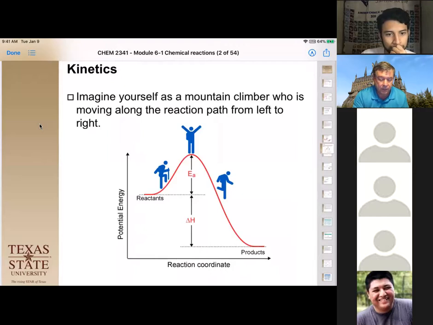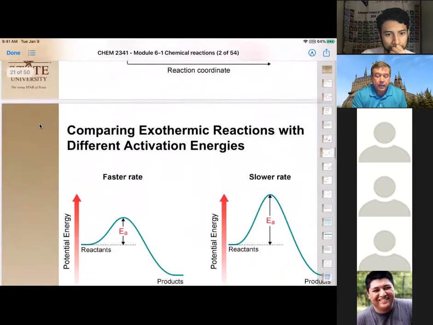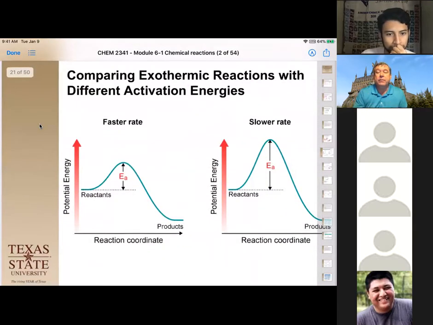Okay. So that being said, both of these reactions are exothermic. See, the reactants and the products are starting and ending at the exact same place. However, the first reaction happens faster. The one here on the left happens faster because our activation energy is lower.